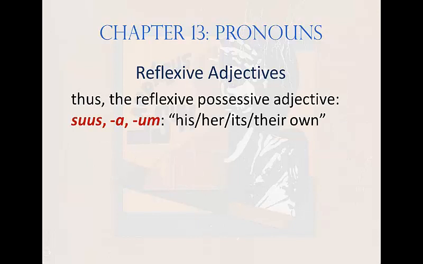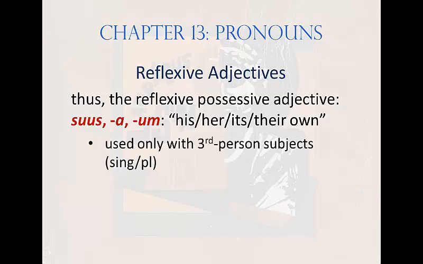That means that unlike in the first and second person, in the third person there needs to be a special reflexive possessive adjective. And there is, suus, a, um, meaning his, hers, its, or their own.